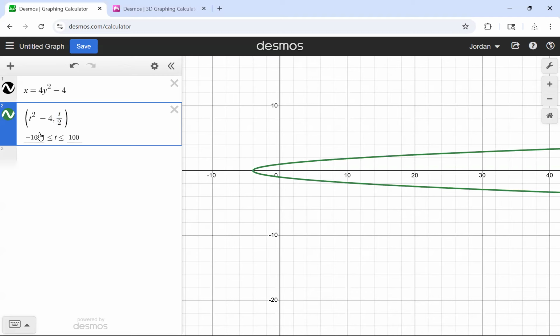If you do graph on Desmos, you have to be careful graphing parametric equations because if you use the wrong t, then you only might get half the graph. So you have to make sure you have the correct range, or excuse me, not the correct domain for the t. All right. But that's it. So notice that we're getting the same graph.